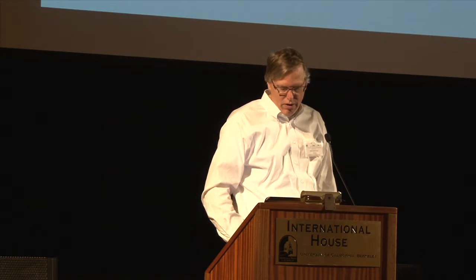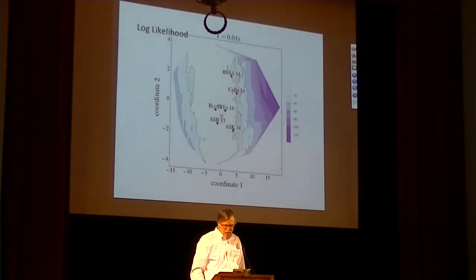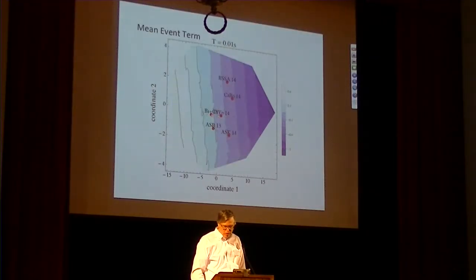If I was to just say, I'll take CY14 and add 0.2 magnitude, 0.2 natural log units, and make a new model, it would kind of get yanked over this direction, because this is the direction in this map of a constant shift.